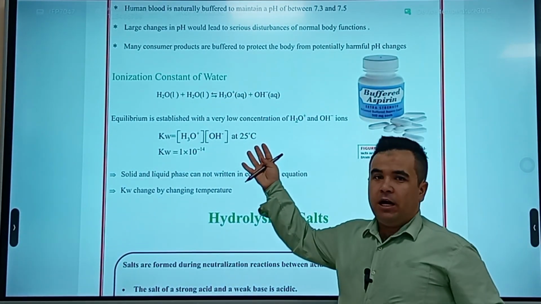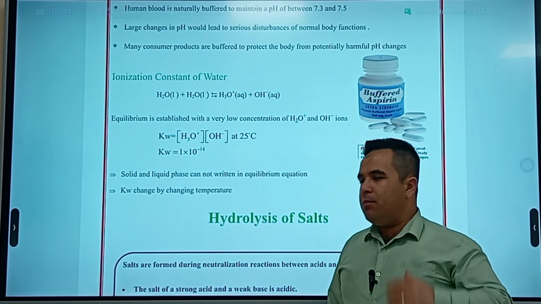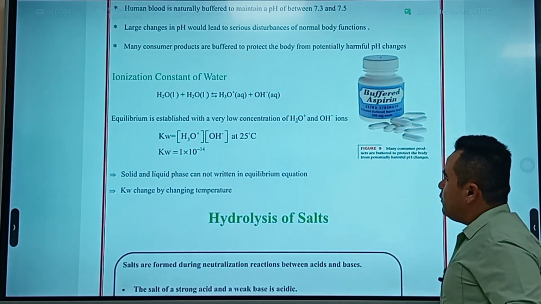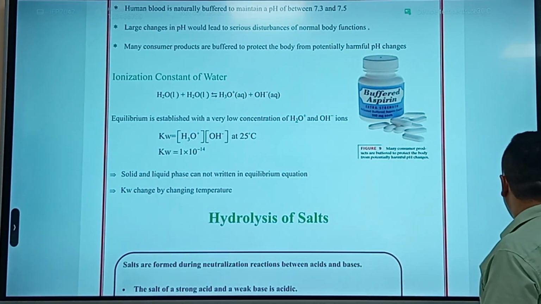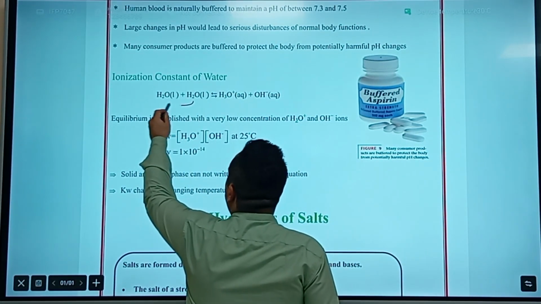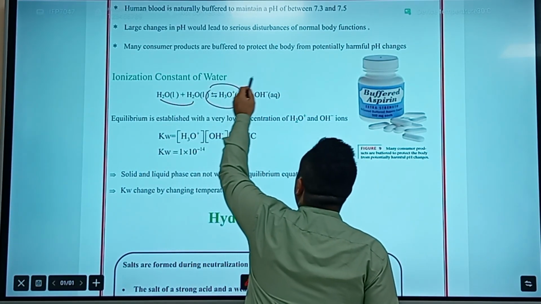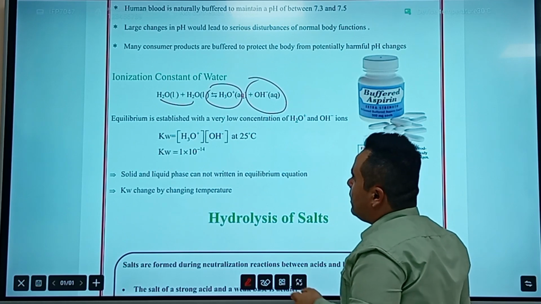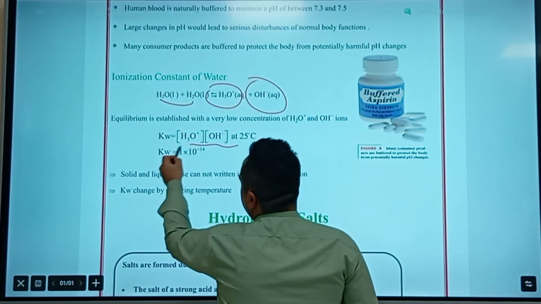Here we have the ionization constant of water. If you remember, we talked about the self-ionization of water before, and we said when two water molecules ionize, they will form hydronium and hydroxide. And how do we write the Kw?